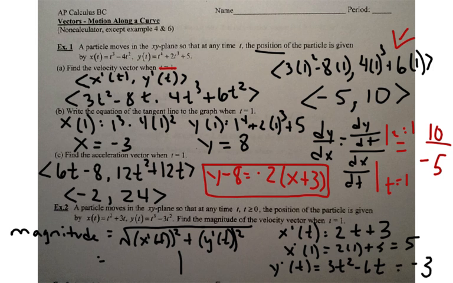So this is going to be the square root of 5 squared plus quantity negative 3 squared, so that's going to equal the square root of 34, which is the answer to example 2.